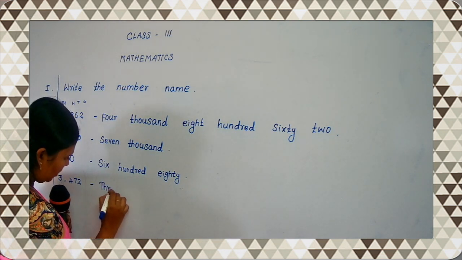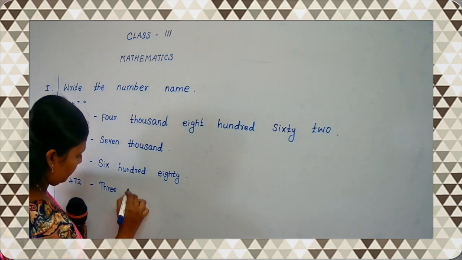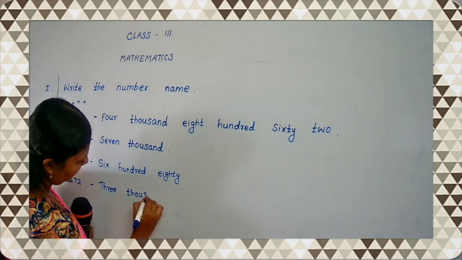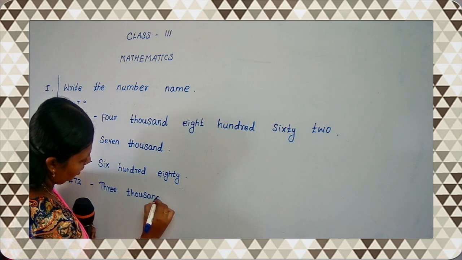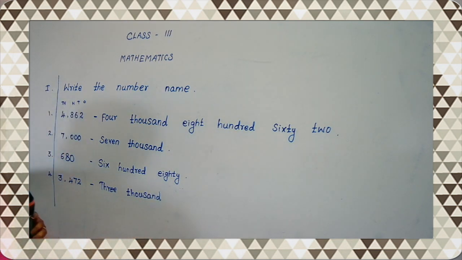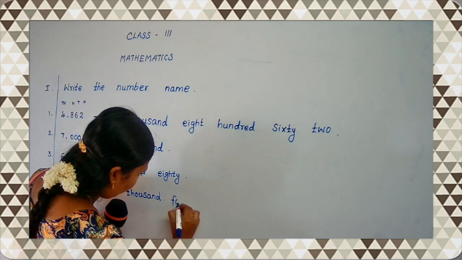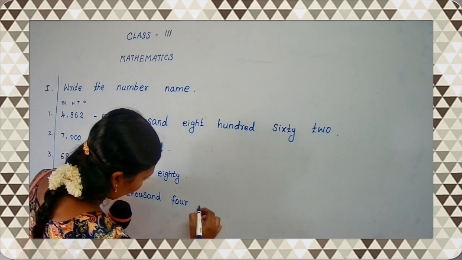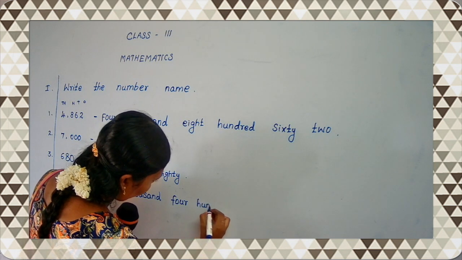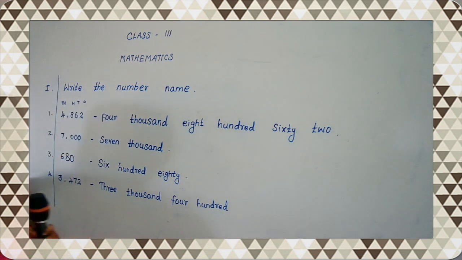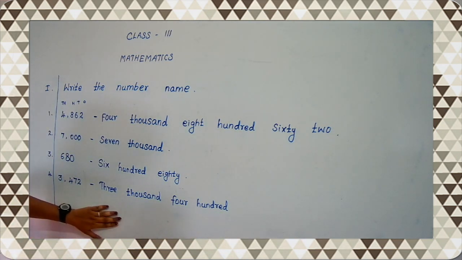Three, 3. Thousand, 1000. 3000. 400, four, 4. Hundred, 100. Okay, 3472.